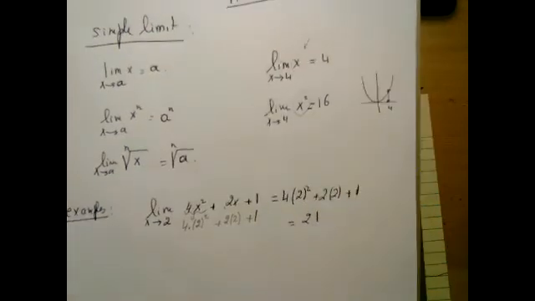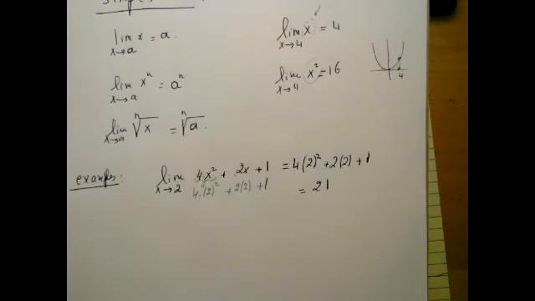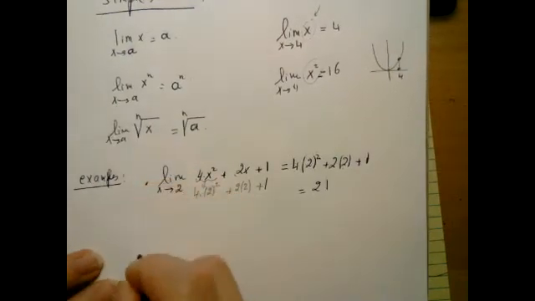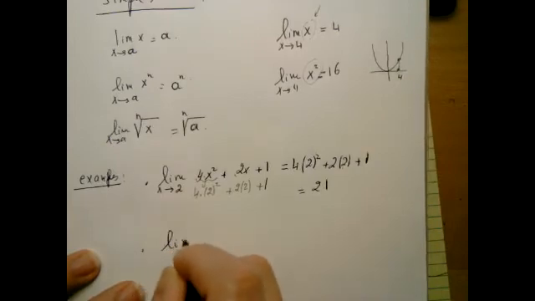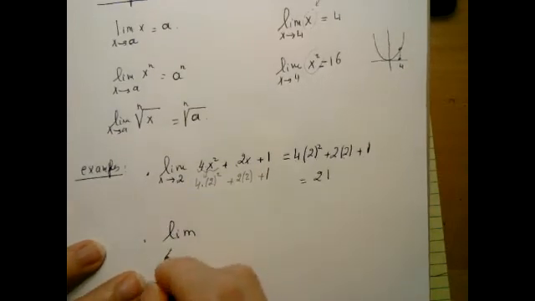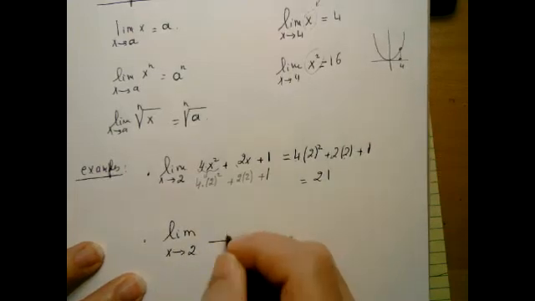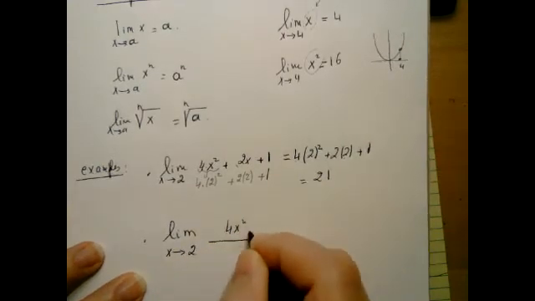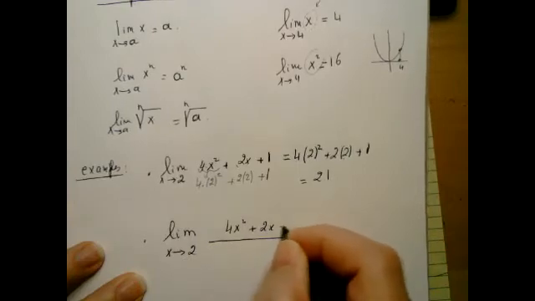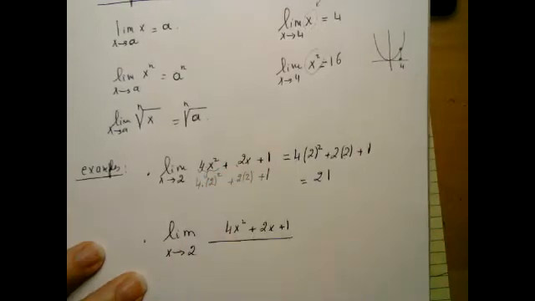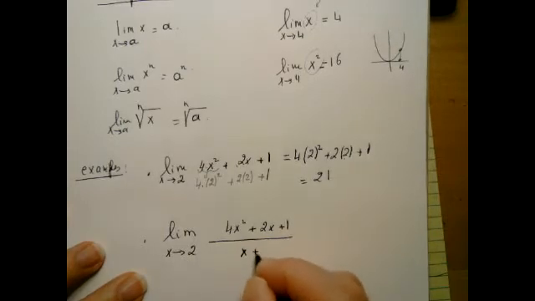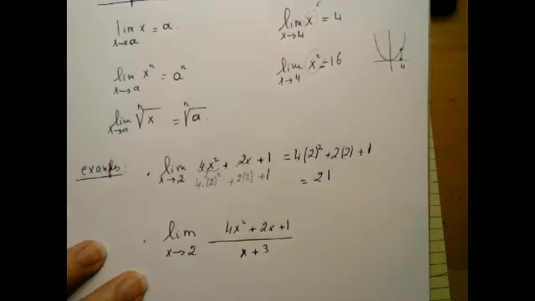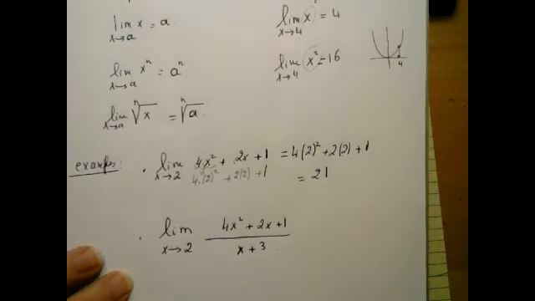Okay, so still we are in a simple scenario. Now another idea. Suppose I take the limit as x becomes close to 2 also, but now I'm going to take 4x squared plus 2x plus 1, the same thing as before. Let me divide it by x plus 3, for example. Okay, so what's going to be the limit?